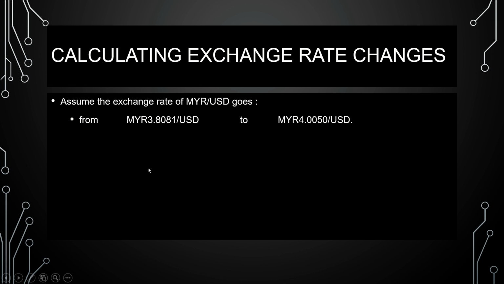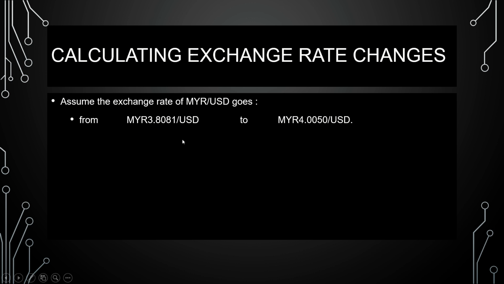Calculating exchange rate changes. Assume the exchange rate of Malaysia ringgit per USD goes from 3.8081 ringgit per 1 USD at the beginning, and now it has changed to 4.0050 ringgit per 1 USD.